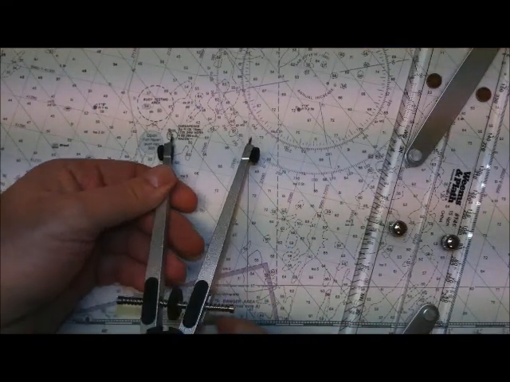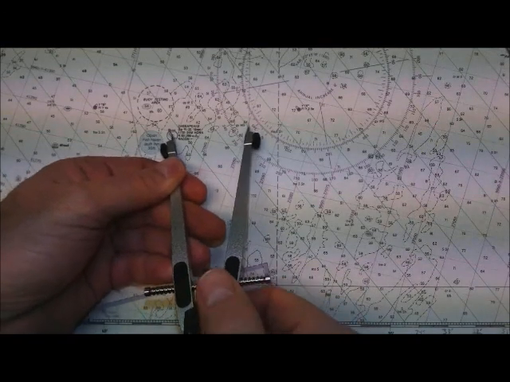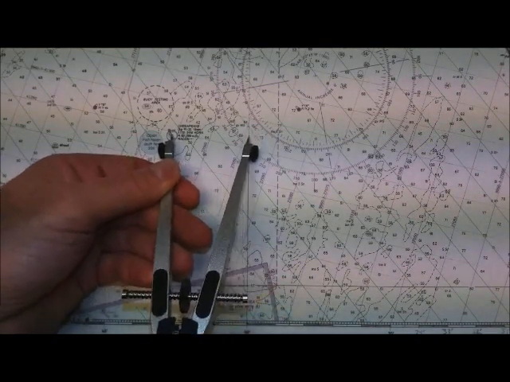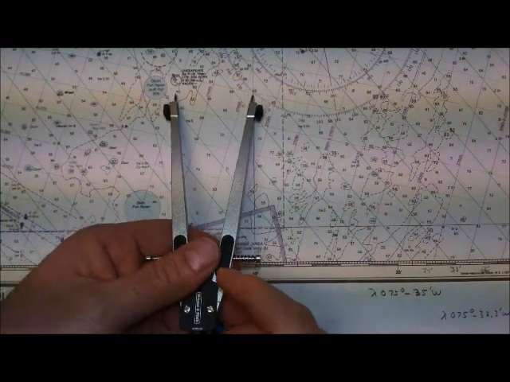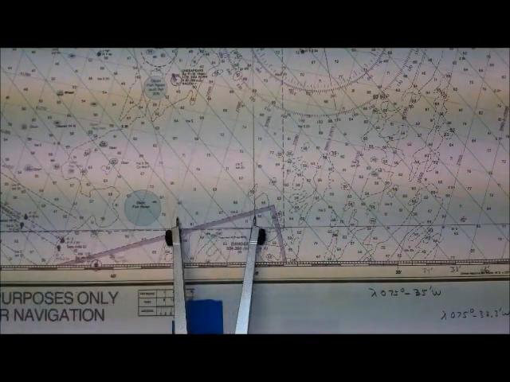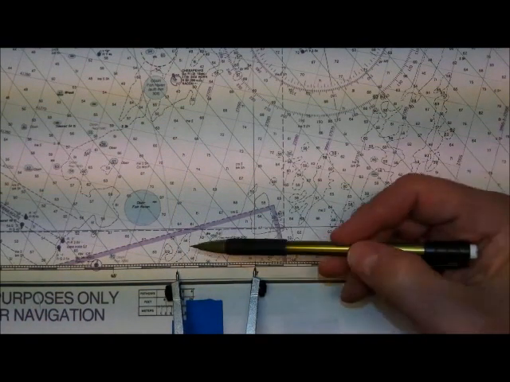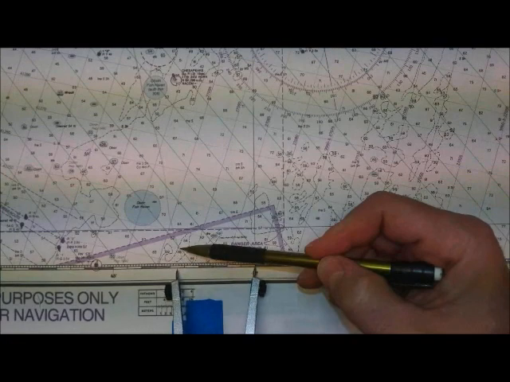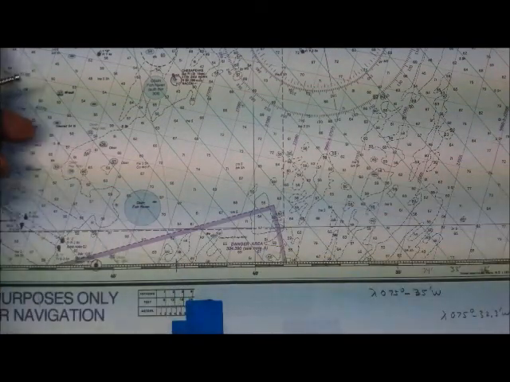I measure the distance from the navigation aid to the reference line, and I take it down to the bottom of the longitude scale. All I did was come down that meridian, and I can put a small tick mark, and now I just have to read it off.